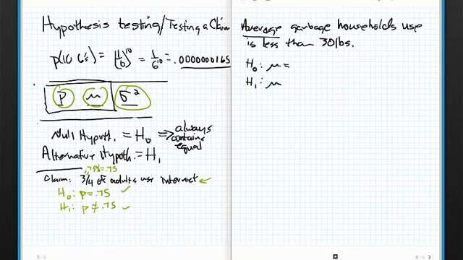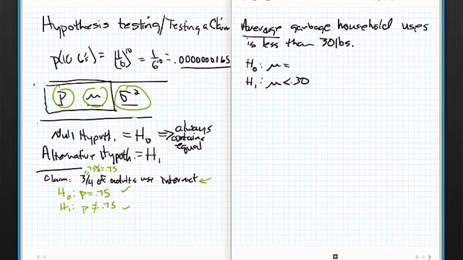Well, notice how it reads. The average garbage a household uses. Wait, average uses makes no sense, but you know what I'm getting at. Is less than 30 pounds. So I know for a fact that the alternative hypothesis, because this is less than and doesn't contain an equality, is mu is less than 30 pounds.